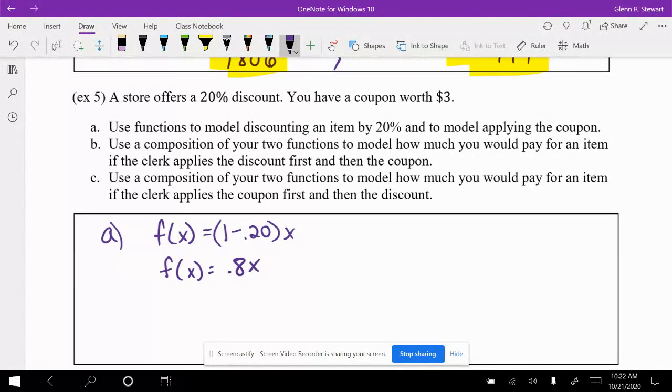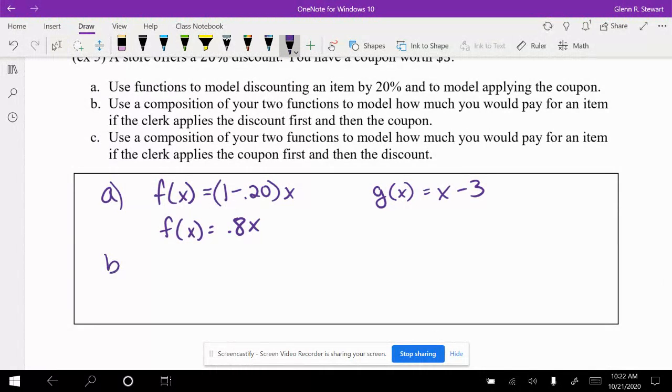Since we have a whole, which is 1, we're taking the percent off, which is 20, so we're subtracting 0.2 because percent is decimal. It gives us that 0.8x. And then the other one I have is g of x from the coupon, whatever my amount is, I am just subtracting $3 off.